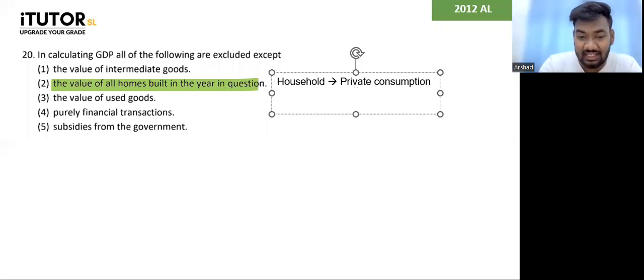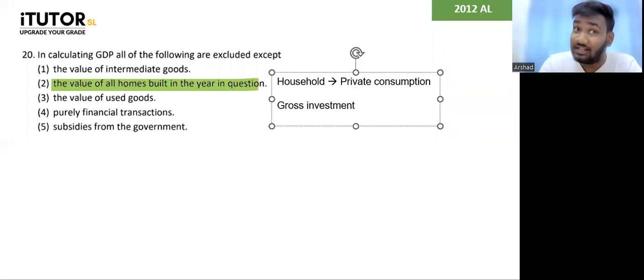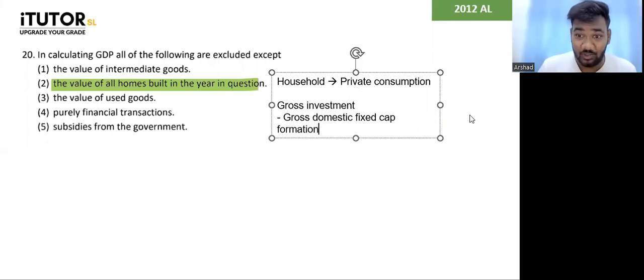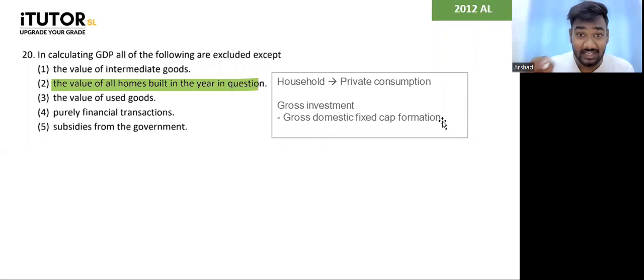Instead, it goes under gross investment. So remember gross capital formation. Inside this you have gross domestic fixed capital formation. This is where you include it. That's a point to note.